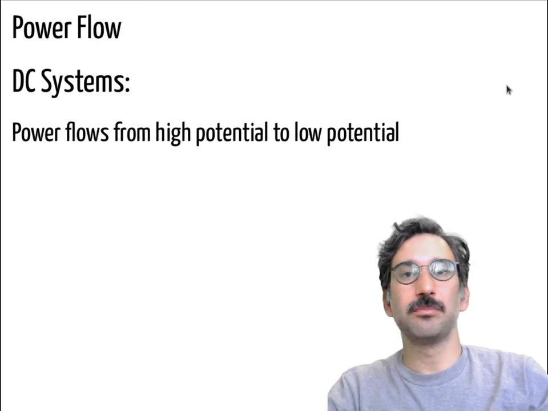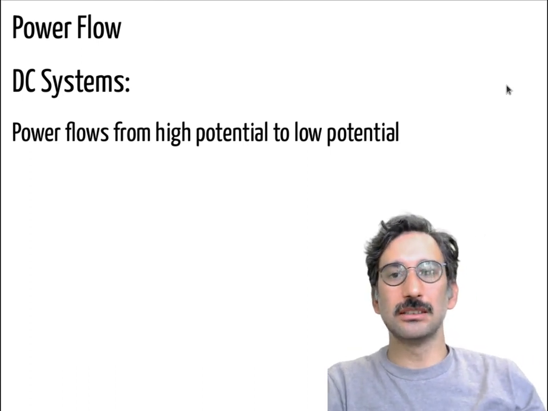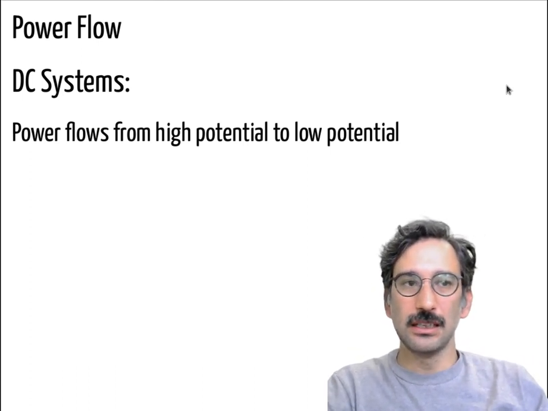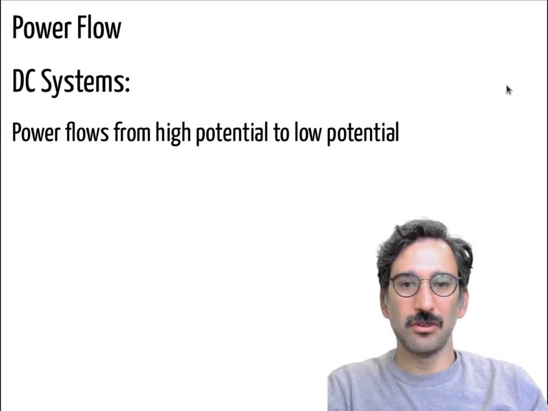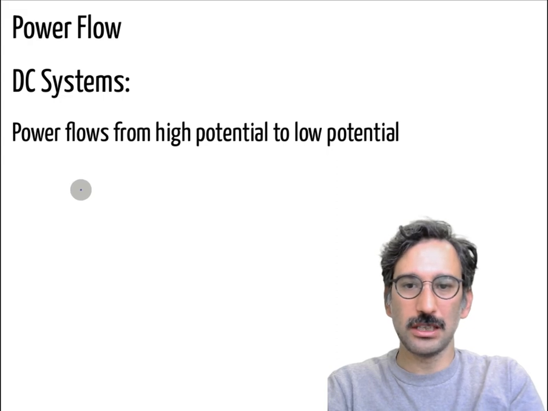In previous years, in circuits, you used DC systems, and in DC systems you can say power flows from high potential to low potential, right? So you can have an inductance, and you can have V2 and V1.